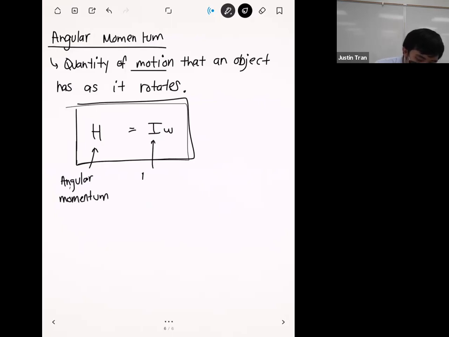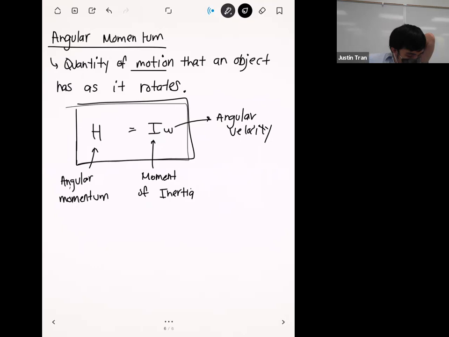This I here is moment of inertia. Okay. And this W here, of course, is angular velocity. Okay. All right.